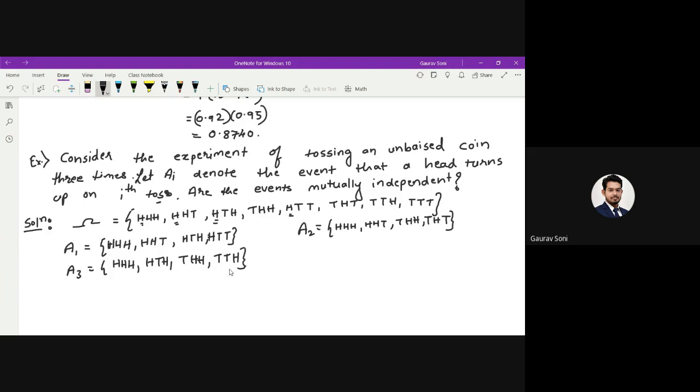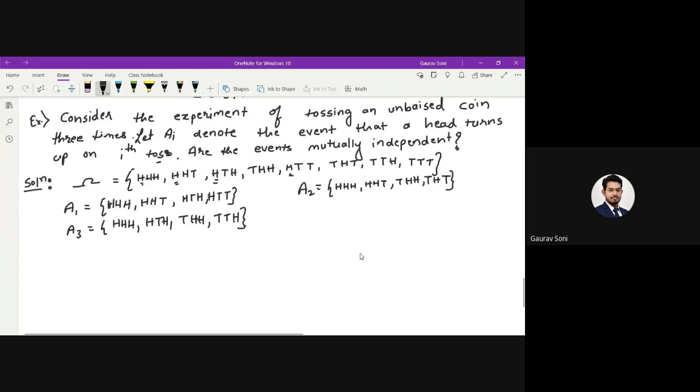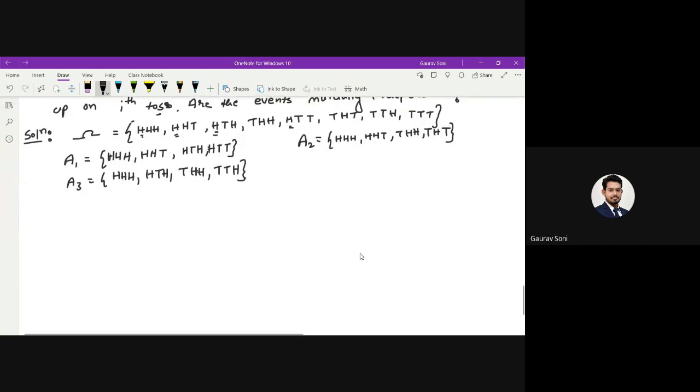So now what we need to check is, are they mutually independent? What do we call mutually independent? If the events are completely independent, then they are said to be mutually independent. So there are 4 conditions in that. You take pairwise intersection and the intersection of all 3 events.